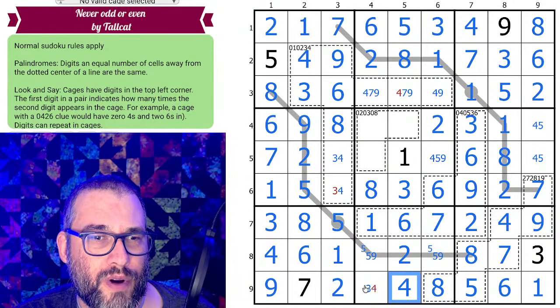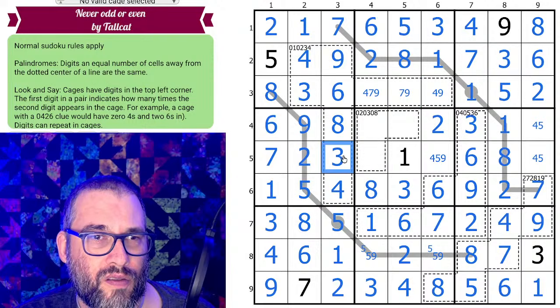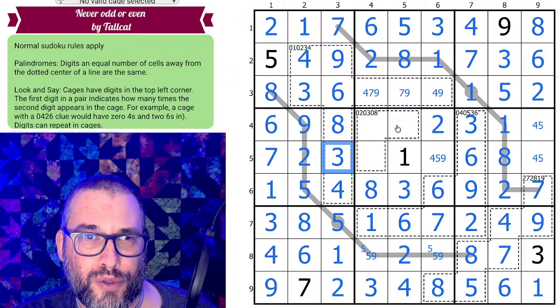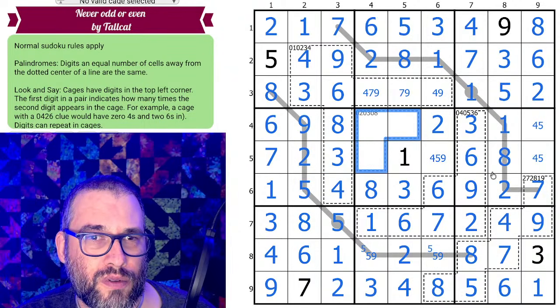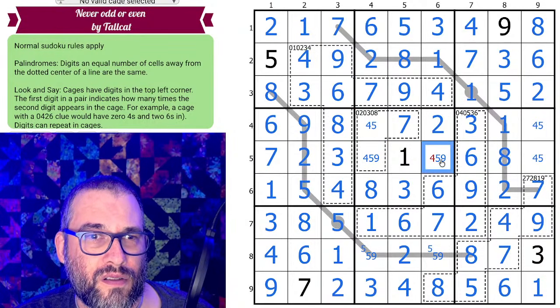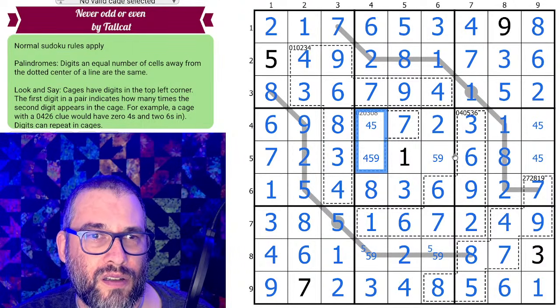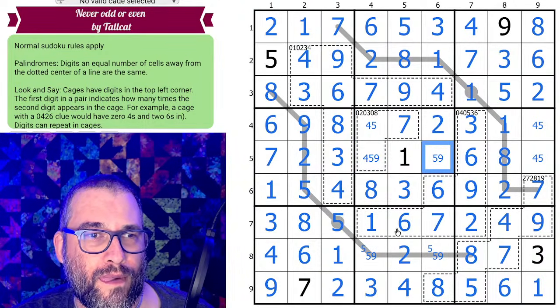Placing the 3. Naked 7 here. And the palindrome.